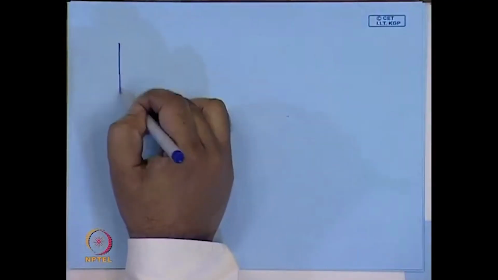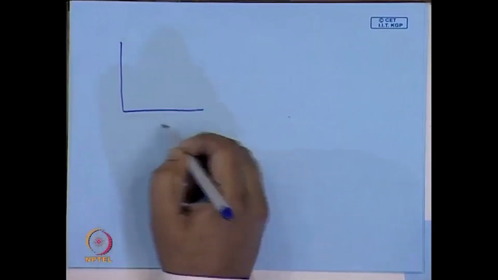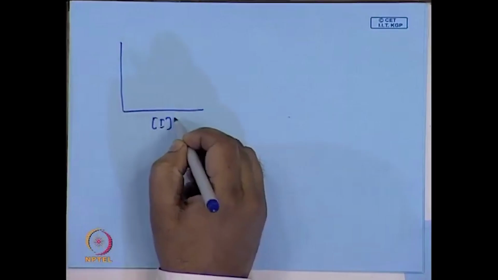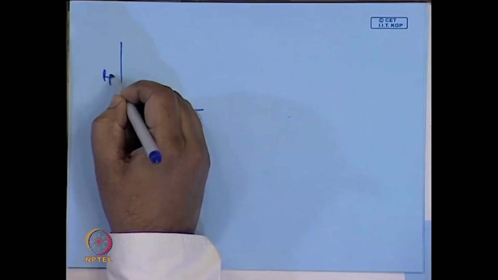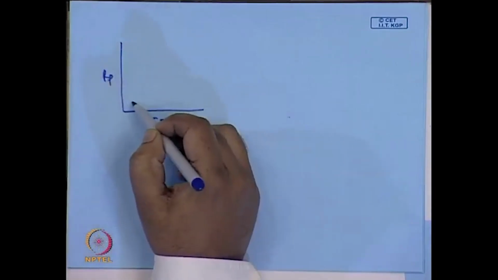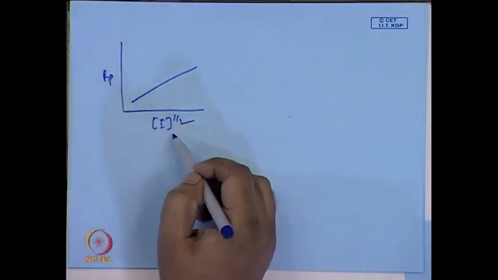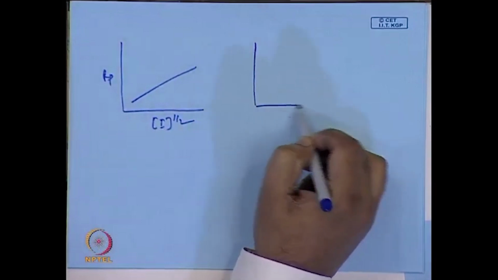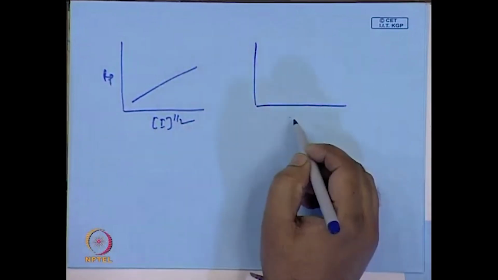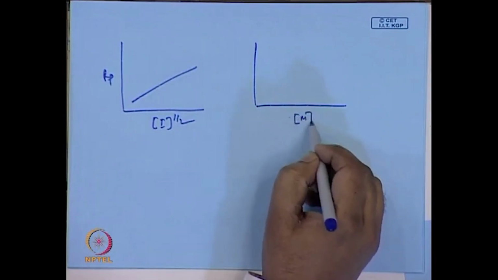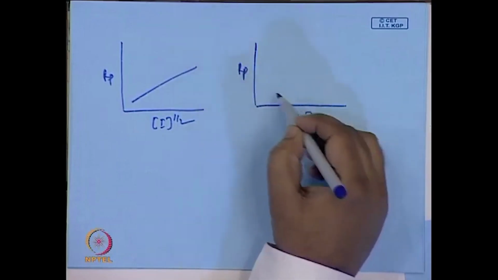So, if you plot, and this has been shown experimentally, if I have this plot of Rp, rate of polymerization, with I to the power half, square root of I, it gives a straight line like this.